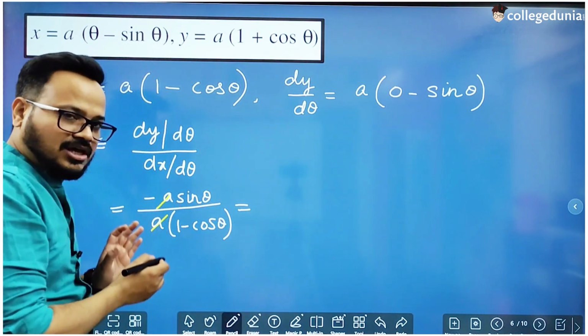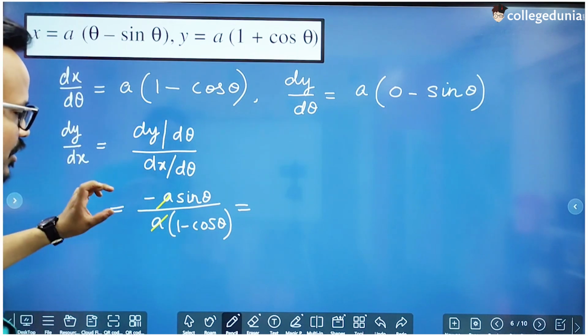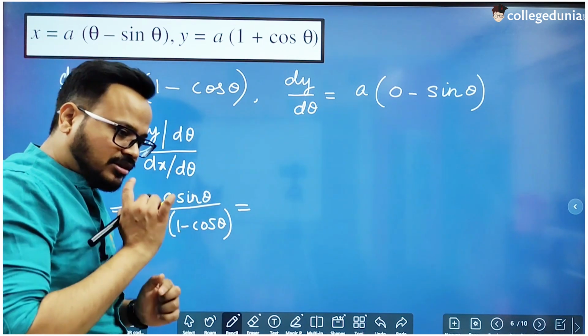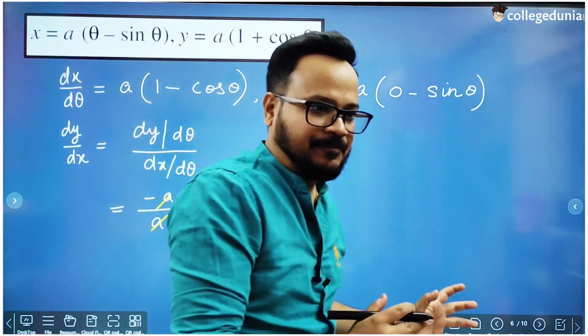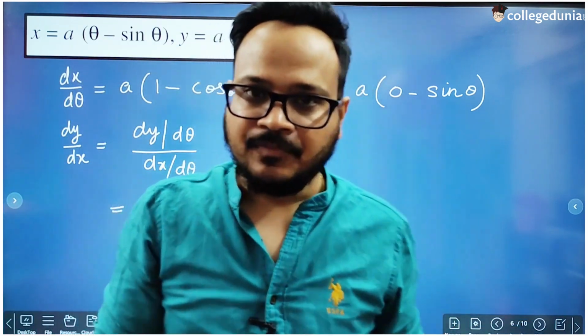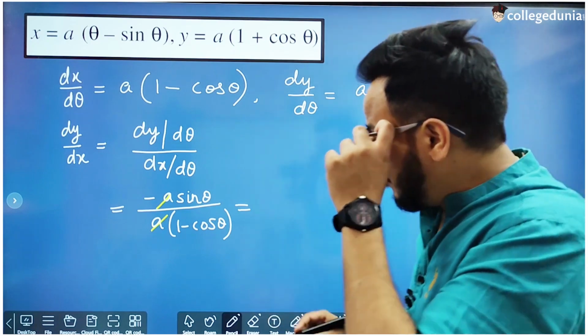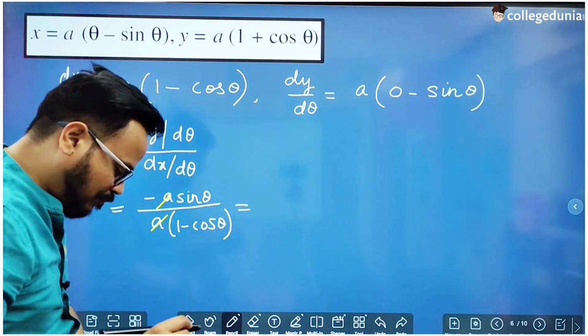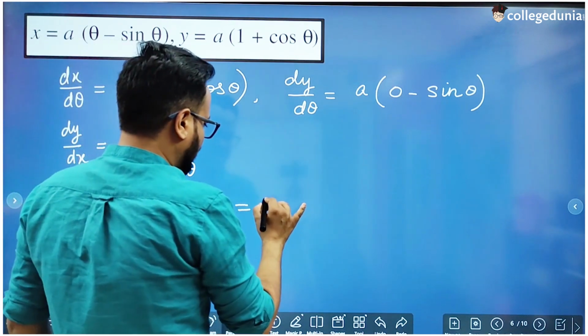Okay, you can leave this here also, but whenever you see these terms 1 minus cos theta or 1 plus cos theta or sin theta together, any two or all three in a single question, more than 99% of the time, you have to put these expansions.